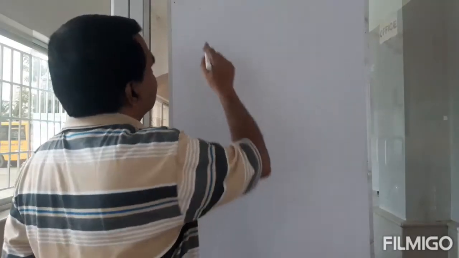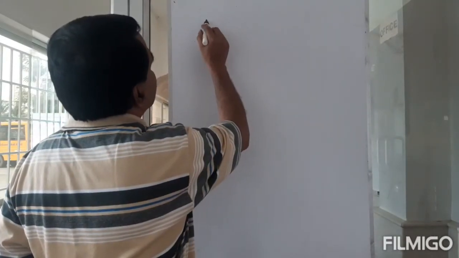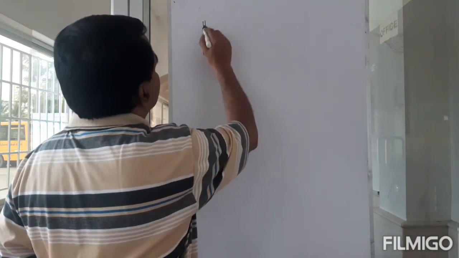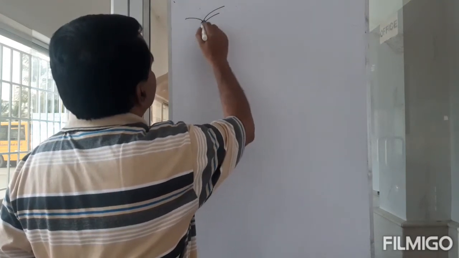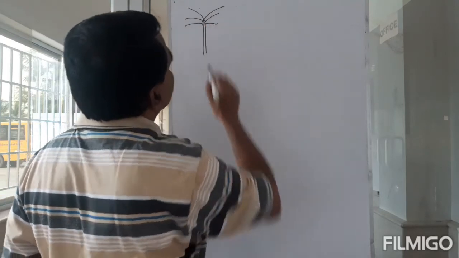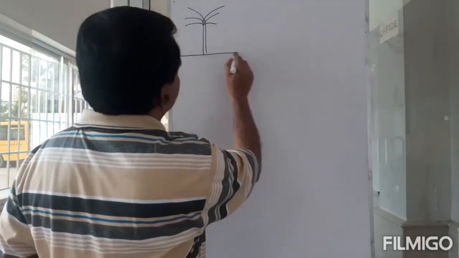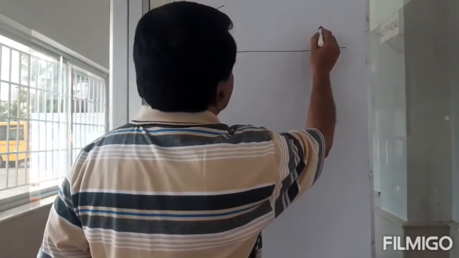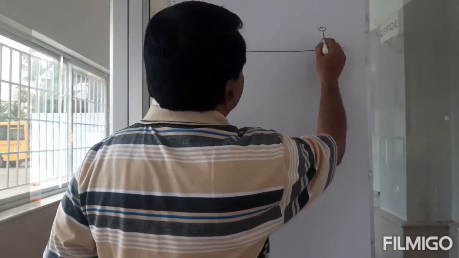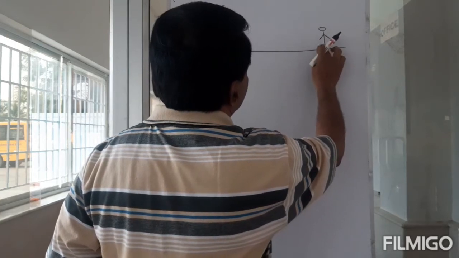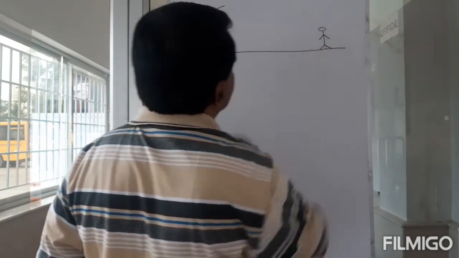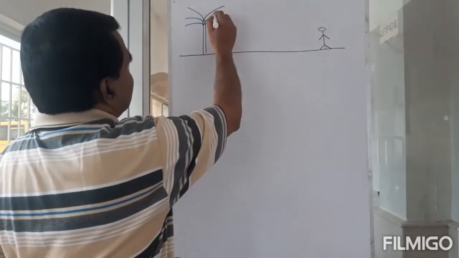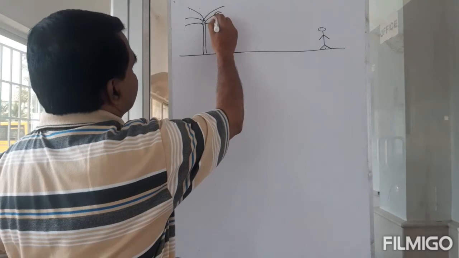Let me take the picture given in your book, that of a tree, and I'll start with that. Like you have a tree here. So the tree is like this. This is the ground. So you stand here. Let me just take a leaf here, in this tree.